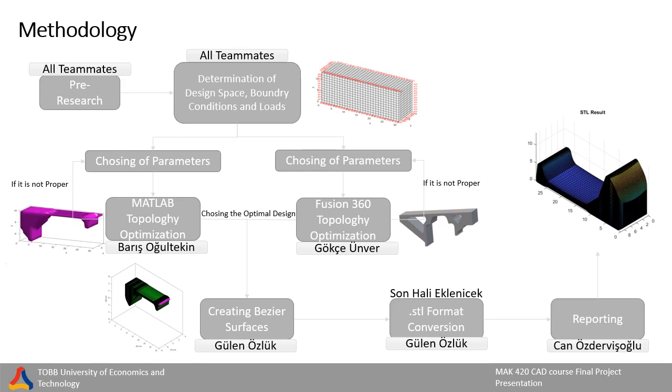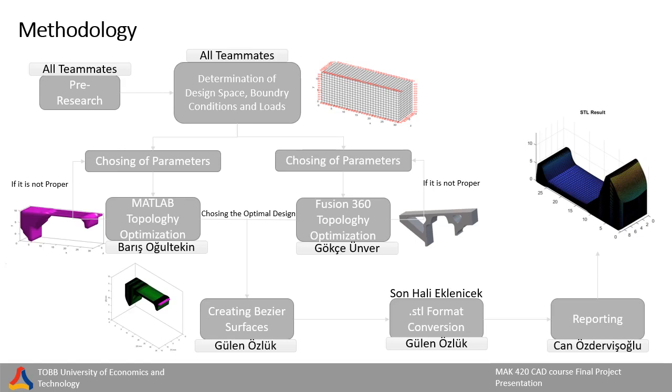If the results were not suitable during the optimizations, parameters were selected again. As a result of optimizations, the optimum design was selected, and our friend Glenn created the Bezier surfaces. Finally, it was converted to .STL format. While these were being done, our friend John prepared the report.